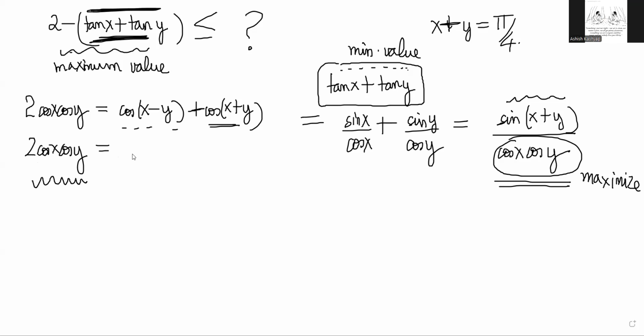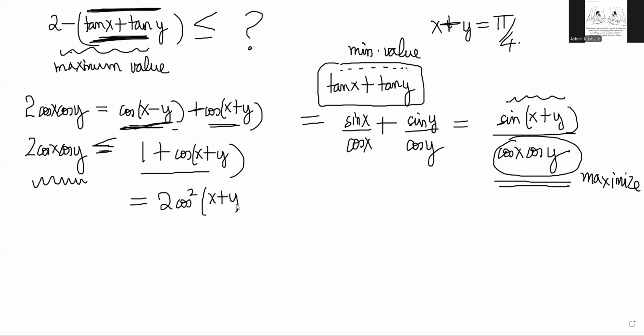So I need to maximize this. Obviously it will always be less than or equal to 1 plus cos of x plus y. That is obvious because cos of x minus y is always less than 1. And now we can write this as 2 cos square of x plus y by 2.